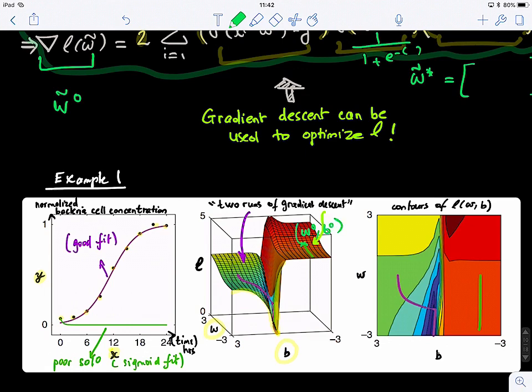And for the purple curve, we had another initialization using another point. What we noticed is that using the purple initialization, we have a good fit. So we have a good estimation of the logistic fit to our data distribution. But in the second one, the green one, it's still logistic regression, but we have a very flat line.